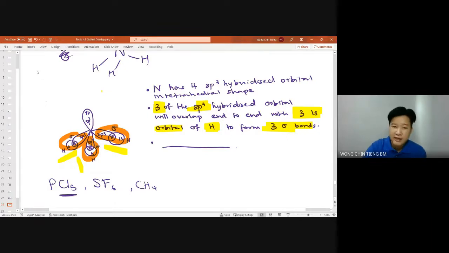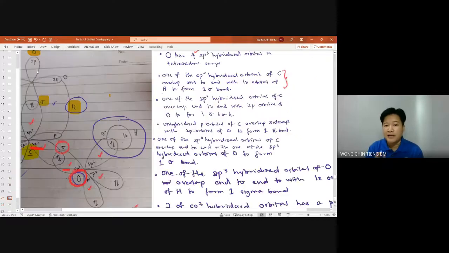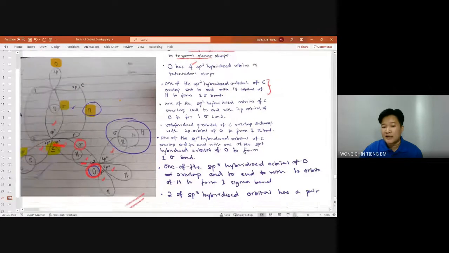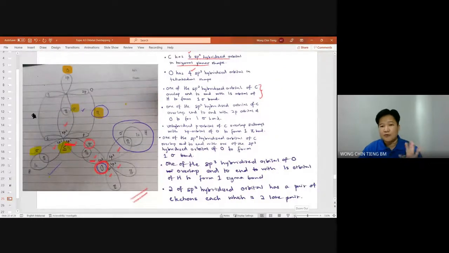Sebab tu saya explain guna yang ni, sebab paling panjang yang boleh keluar is this one. Yang lain, you only have one central atom, paling banyak ada 1 pi, 1 lone pair, 2 sigma dengan orang yang sama. So dia takkan jadi panjang macam ni. No worries on that.